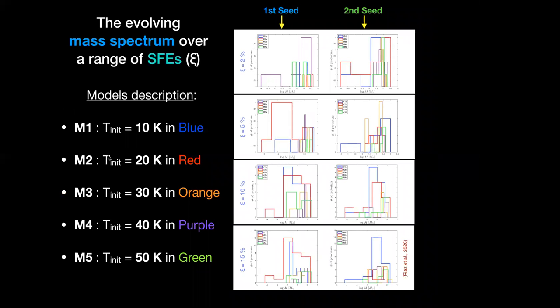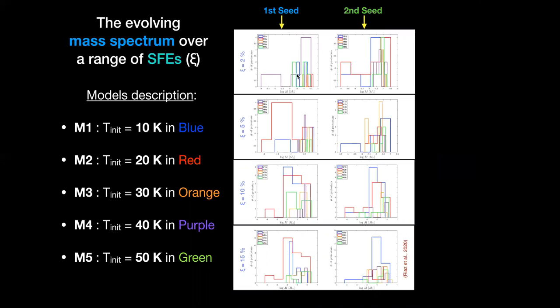So what we find is that at a star formation efficiency of around 2%, we look at the stellar masses of the many protostars forming in the gas clouds. Let's start discussing the two extremes, M1 and M5, the green and the blue.